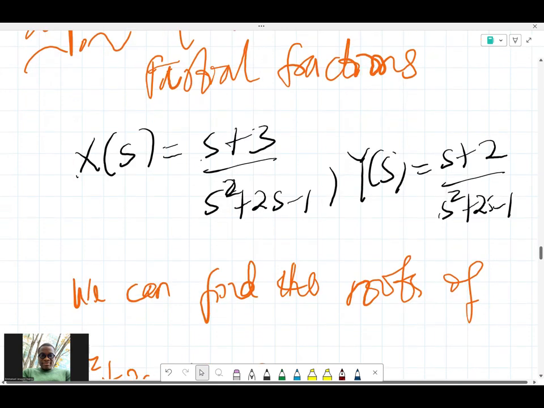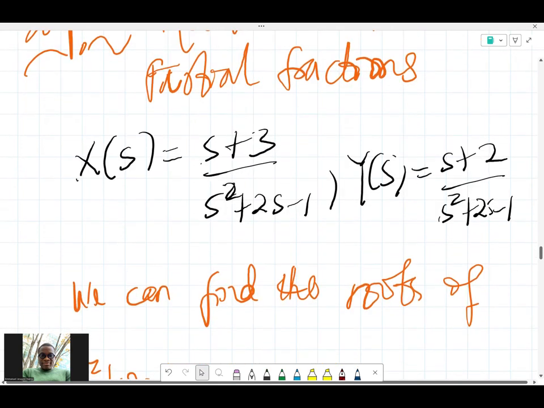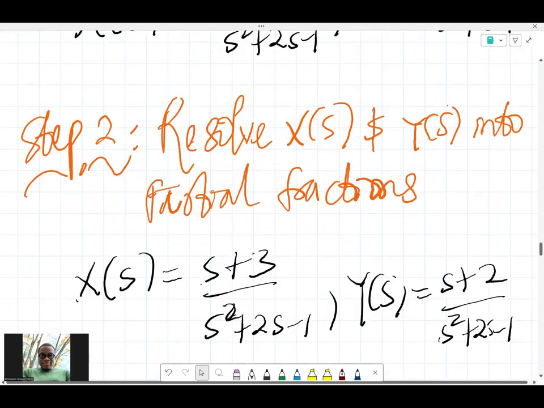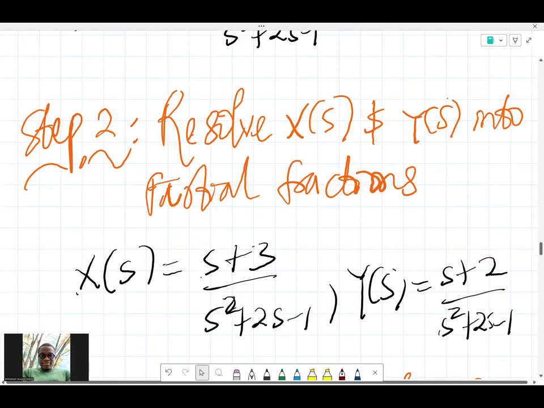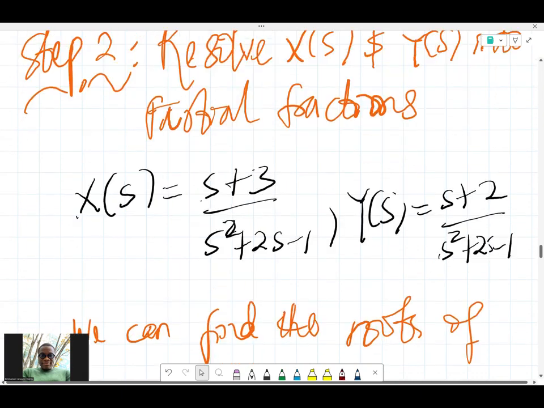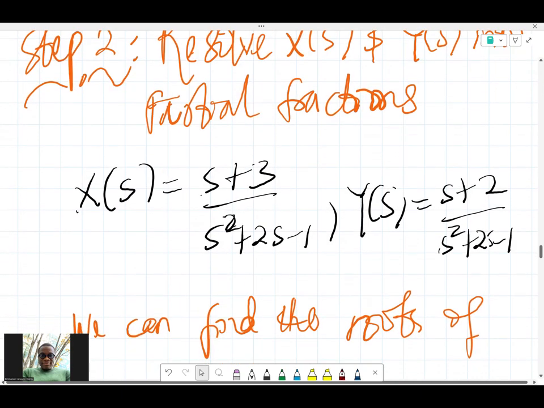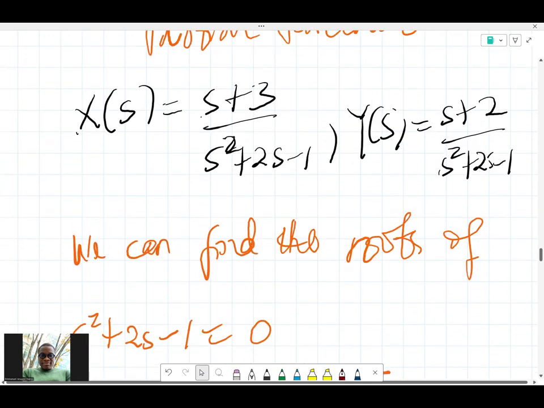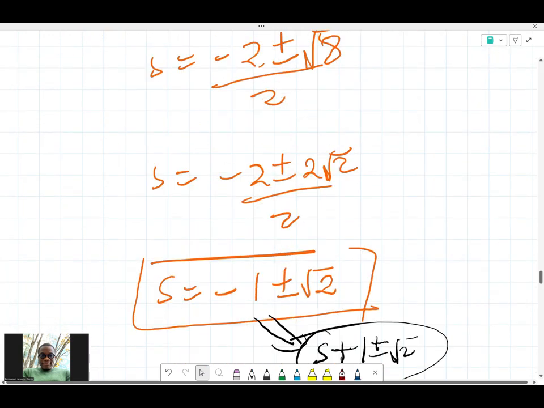So for y of s, we have s plus 2. I'm trying to see if I can just jump and get to the final answer because they look alike a little bit, except for these two down here.